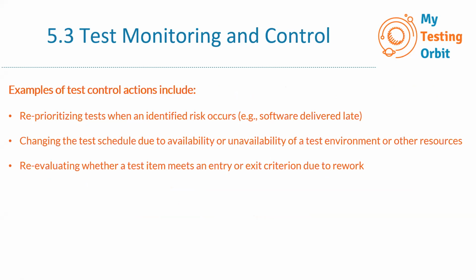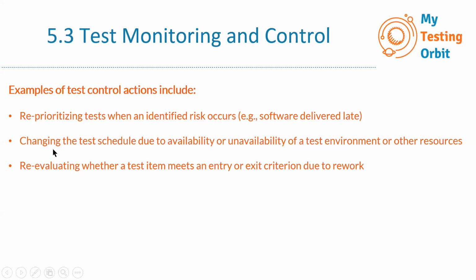Of course the number of tests would be the same, because the estimation was done based on different factors, but now we have only 3 days. So what we can do is reprioritize tests, maybe based on the risks. With risk-based testing, we know that in 3 days we are not able to execute all tests, so we can just execute the higher risk tests.